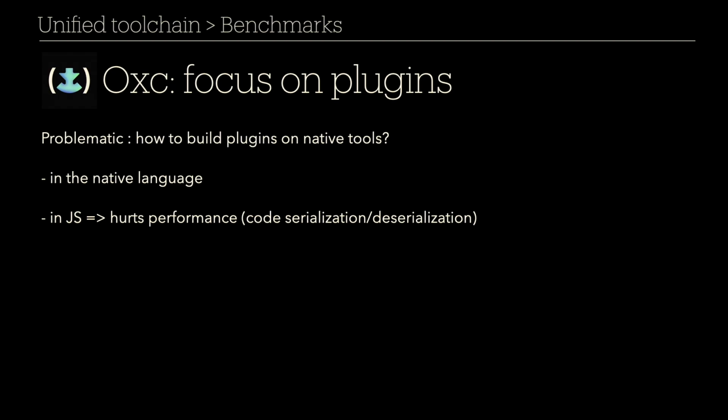And this implies serialization and deserialization of code, at least in the traditional way, which are really costly in terms of performance. That's also a reason why native tools are, generally speaking, way less configurable than JavaScript tools.